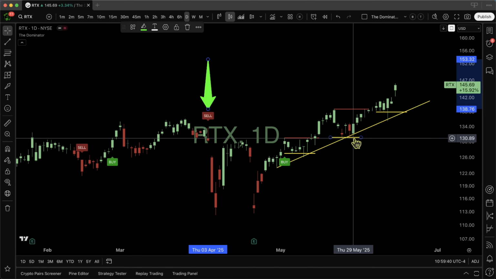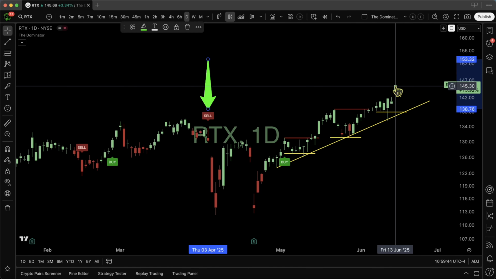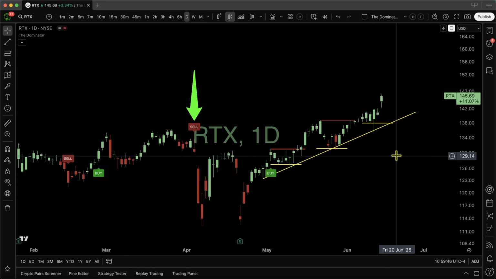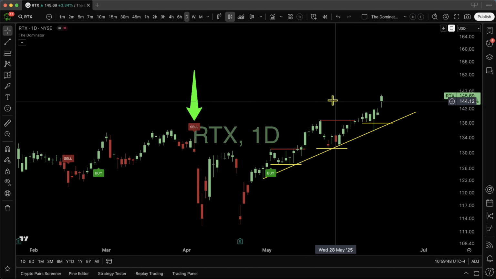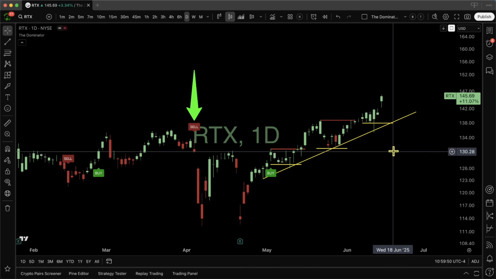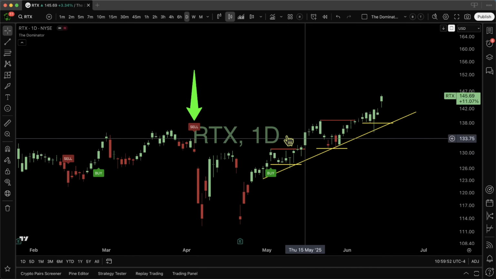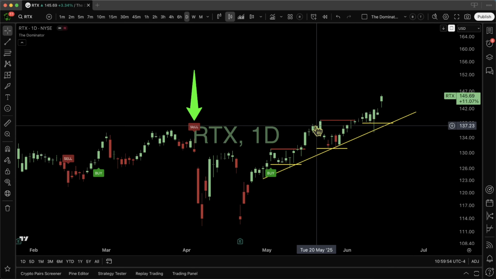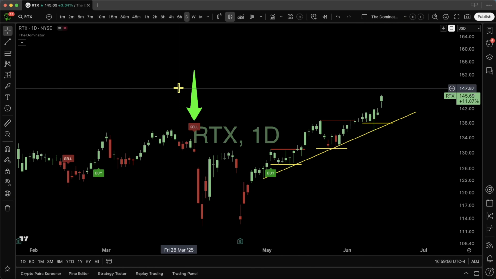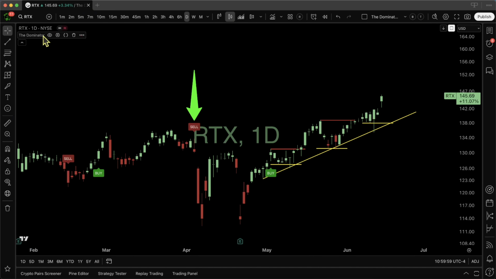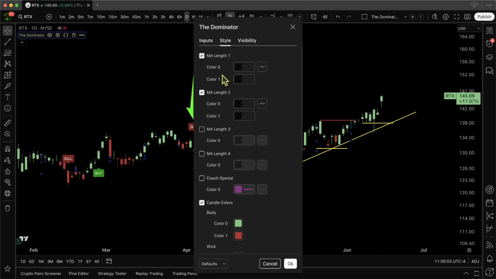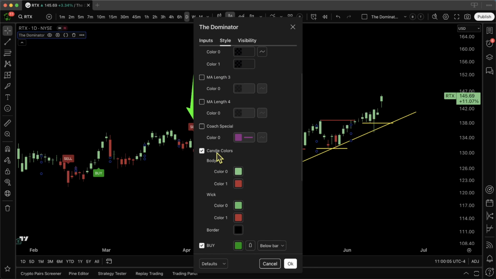So I am staying in this swing trade until I get my sell signal, especially with what's going on in the world. We are going to start to see a little bit more out of any stock that is related to military help, guys. Okay. Now, with the Dominator, guys, you also have MA lengths you can play with.